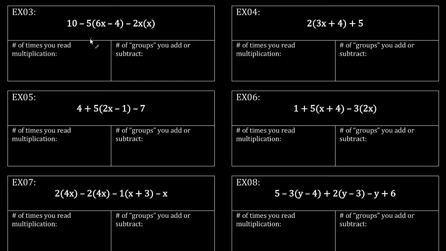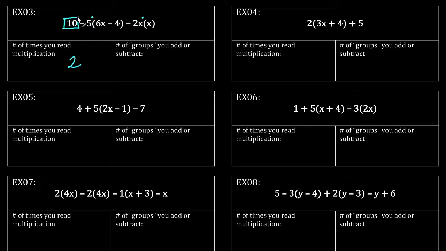So let's read this next one. Example 3. 10 minus 5 times 6x minus 4 minus 2x times x. So we read multiplication twice. Let's see how many times we're going to add or subtract the groups. So we have 10 sitting all by itself.